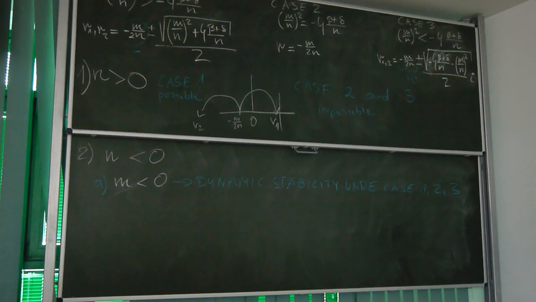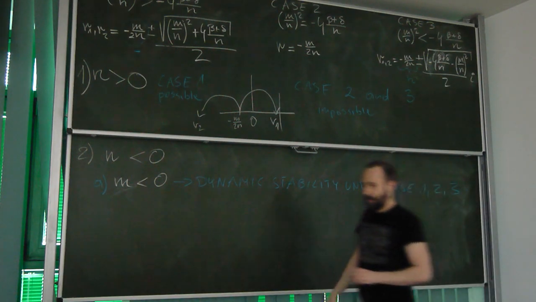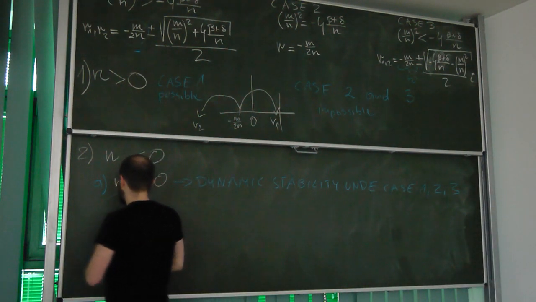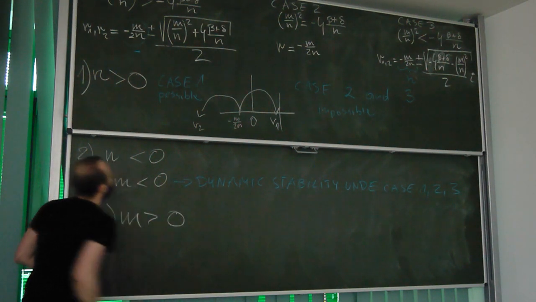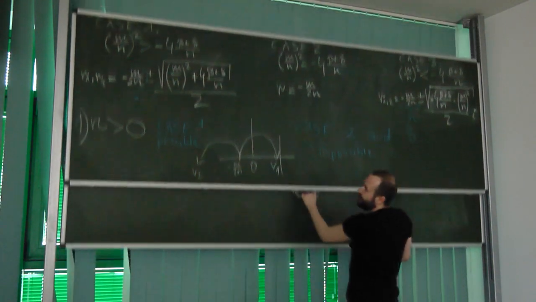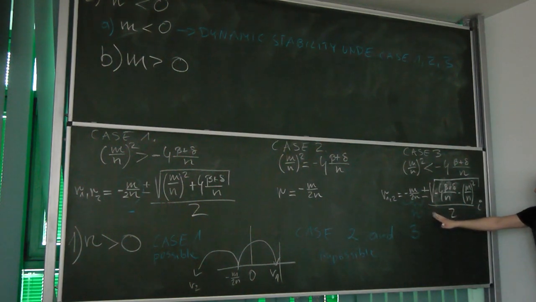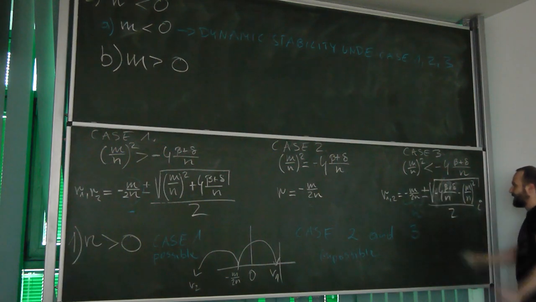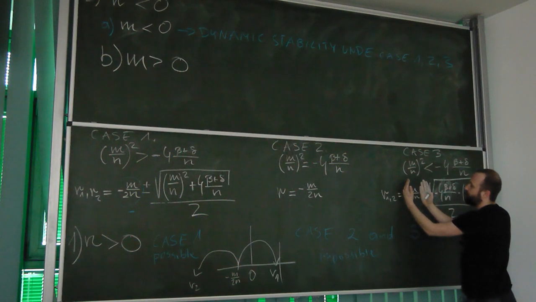Okay, so before we go to economic interpretation of this, let's consider what would happen on the other hand, if m would be bigger than 0. And look, what do we get in this circumstance? Let's start over here. If m is bigger than 0 and n is smaller than 0, this expression becomes positive.